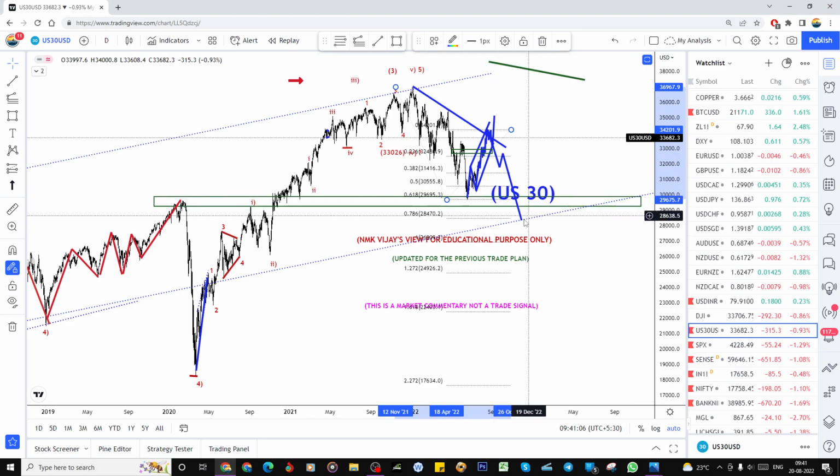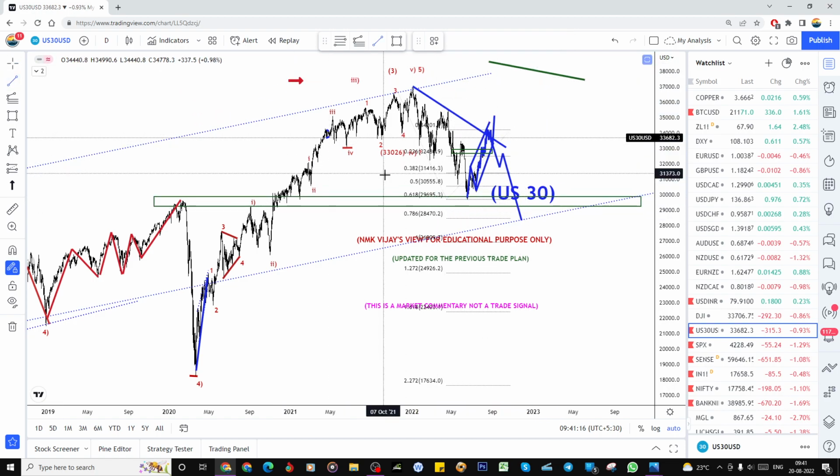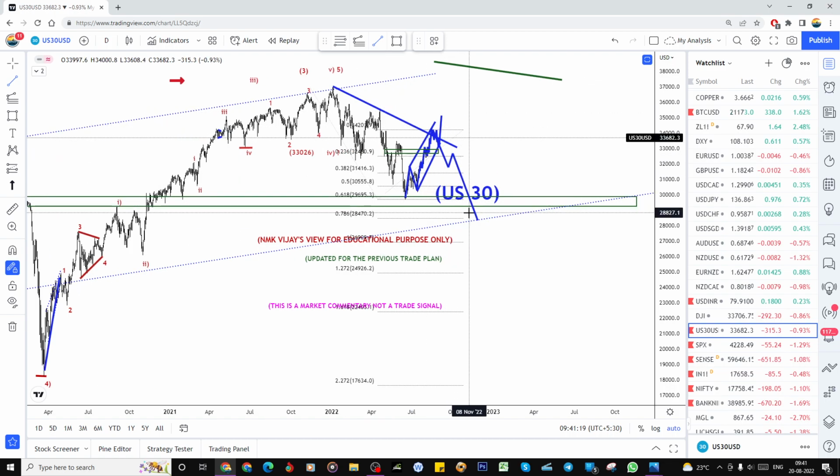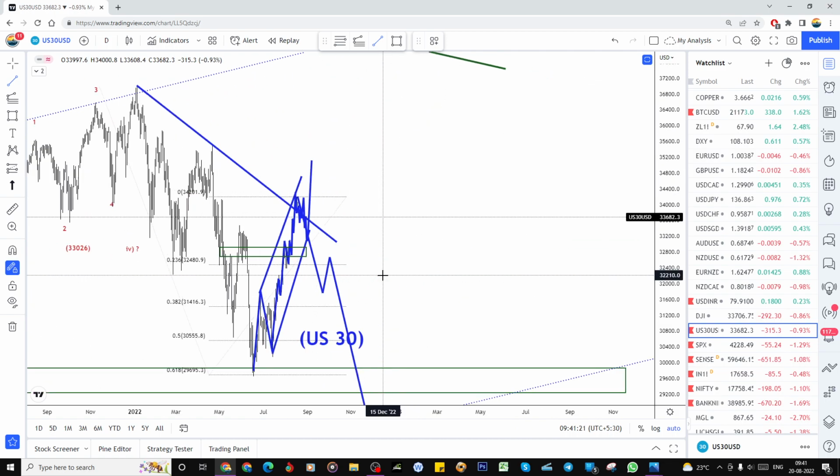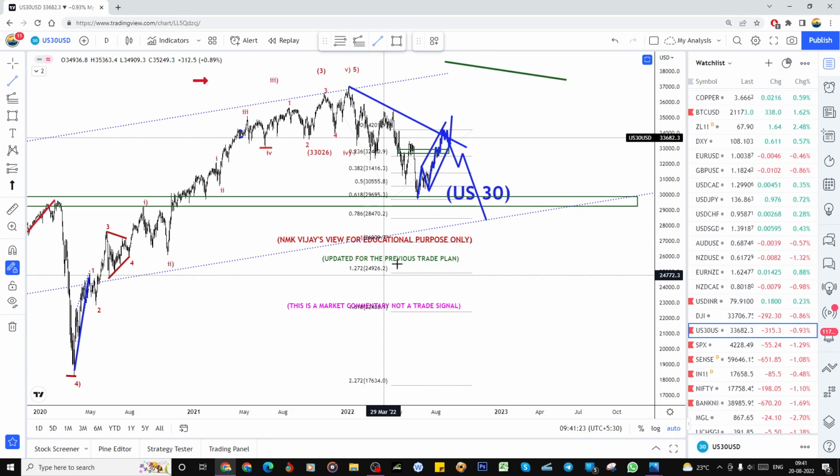This is the zone I'm expecting. If this is the connecting wave, or this is the end of the fourth, we can expect one more up also. So expecting this, no need to be on the sell side. But if you have a profitable trade setup, you can do it, but this is the one, it will do like this also.